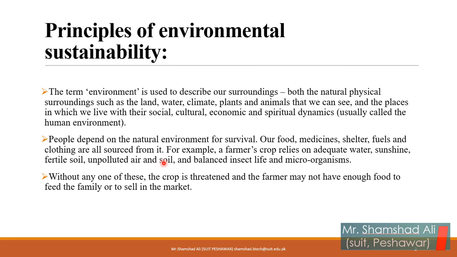Without any one of these, the crop is threatened, and the farmer may not have enough food to feed the family or to sell in the market. For his crop, the main things are adequate water, sunshine, fertile soil, and much more.